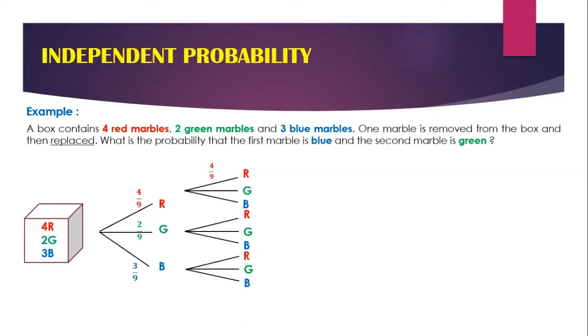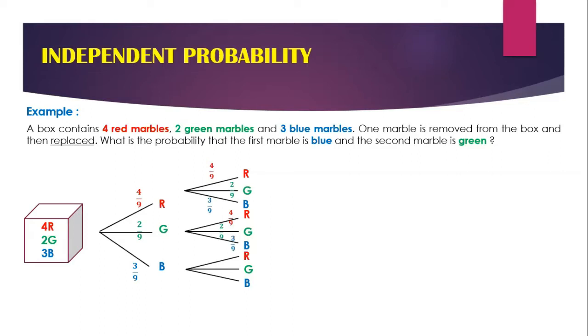For the second pick, because 1 marble is removed from the box and then replaced, the probability of red is 4/9, green 2/9, and blue 3/9.